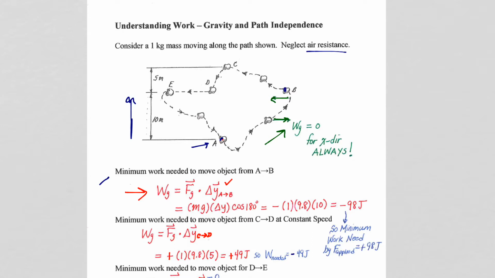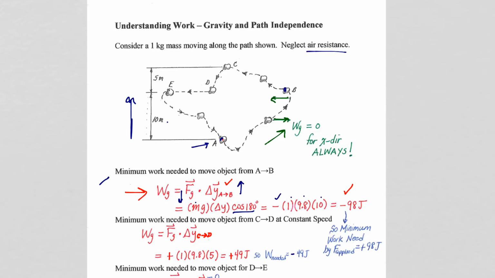The force due to gravity is, of course, down. The delta y in this case from A to B is up, so that's where the cosine of 180 comes from, giving us the negative here. And we have a 1 kilogram mass times 9.8 times the 10 meters in the y direction. So the work done by gravity is going to be negative 98 joules.